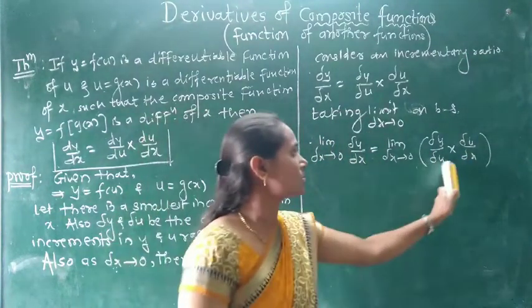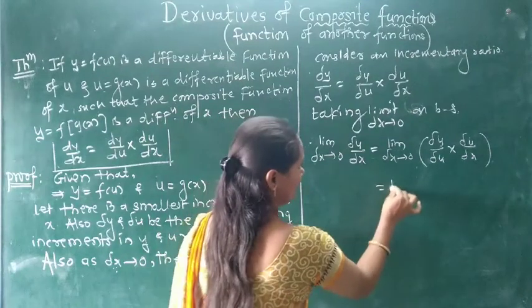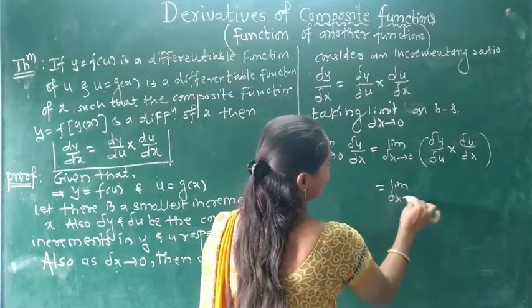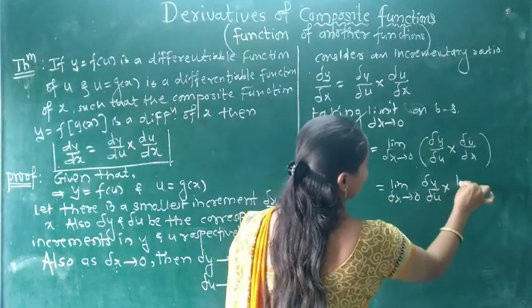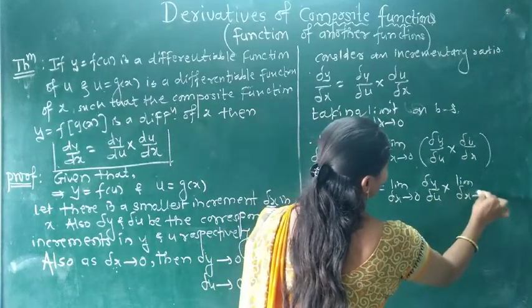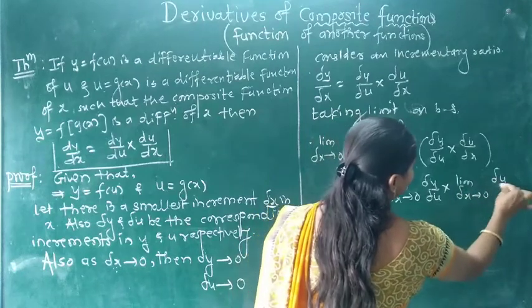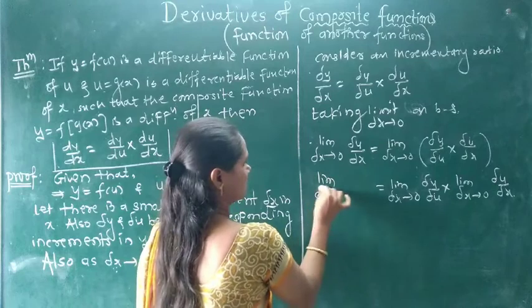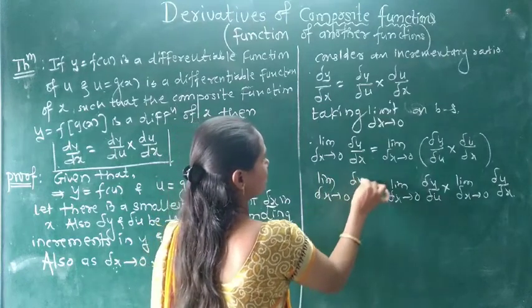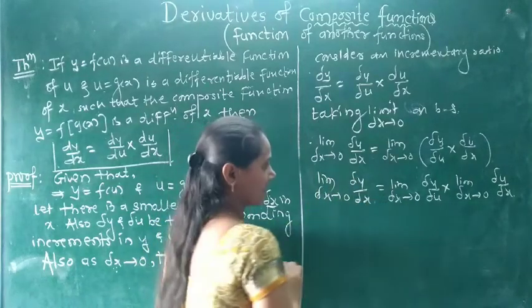Now separate these two limits: limit delta x tends to 0, delta y upon delta u into limit delta x tends to 0, delta u divided by delta x.